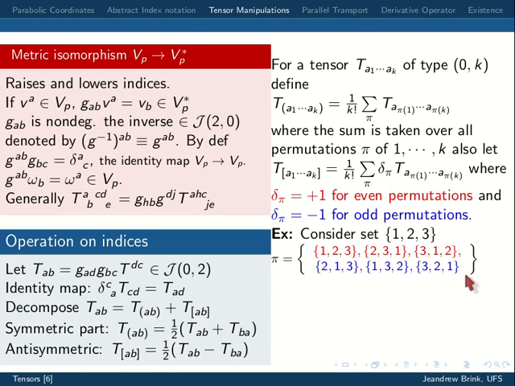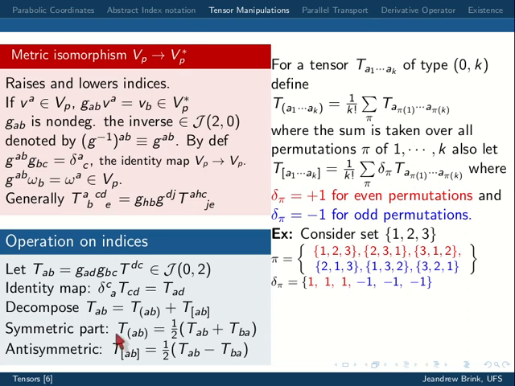Important, this is slots, not components. And for this particular case, the delta pi for the odd permutations is 1, 1, 1, minus 1, minus 1, minus 1. You can see that in all these we've switched the ordering of 1, 2, 3 here, and we've maintained it there, and so that's what it is.